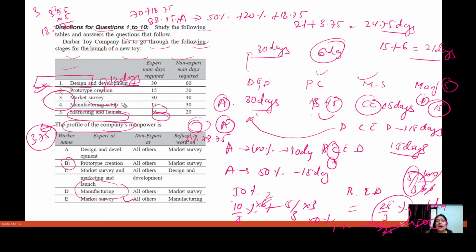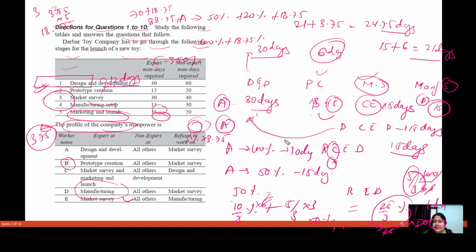Fine. What about B? B is able to do 100% of the work. And B will be doing 18.75% of the work as well. And then you have C. So C is doing 50% of the work, first of the market survey.